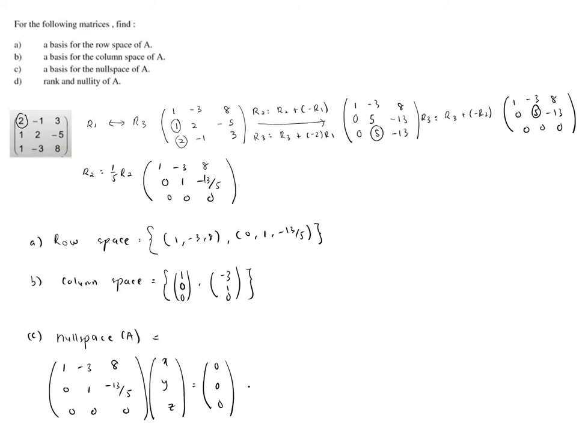Okay, let's change into equation. First equation, x minus 3y plus 8z equals 0. Second equation, y minus 13 over 5z equals 0. And the third equation, oh no, we have nothing from the third equation because all the entries are 0.